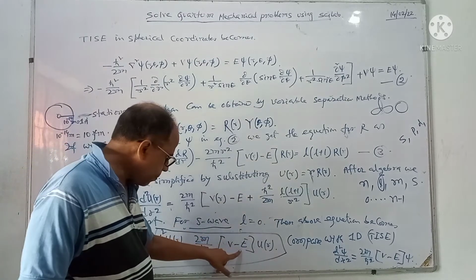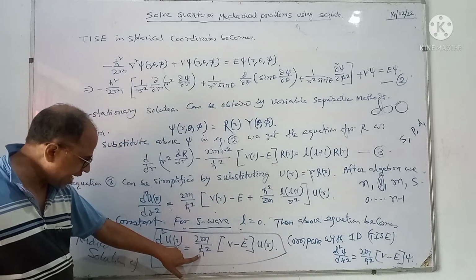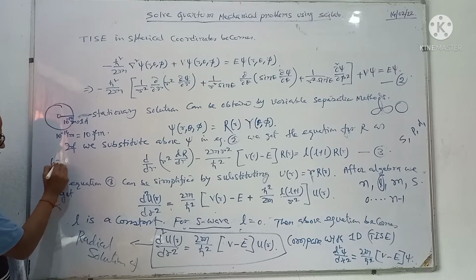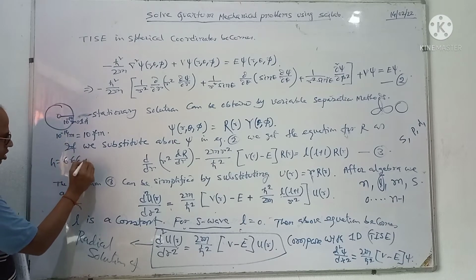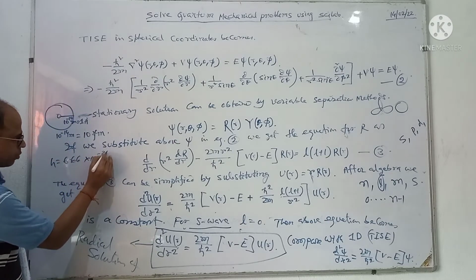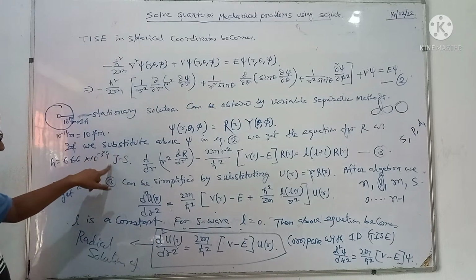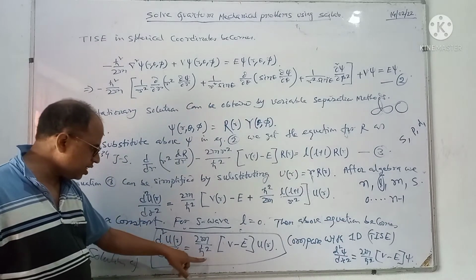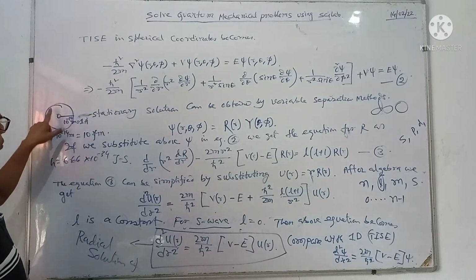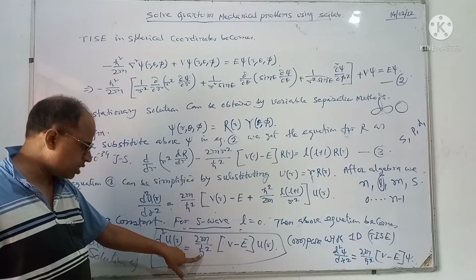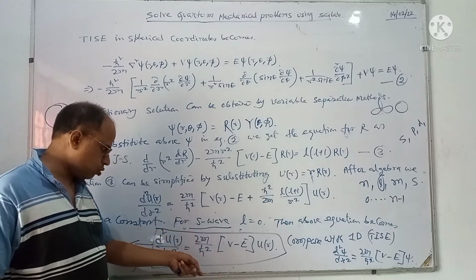Therefore, you have to change. And h cut, you know h is equal to 6.66 into 10 to the power minus 34 joule second. But here joule is a very large unit. That's why in the atomic case, the energy unit is the electron volt.